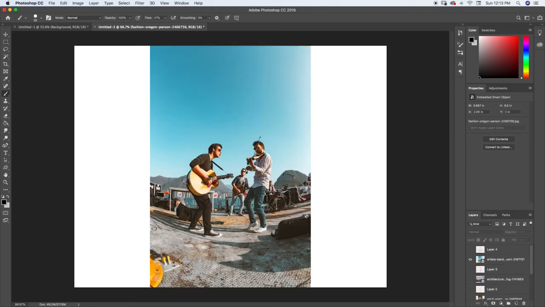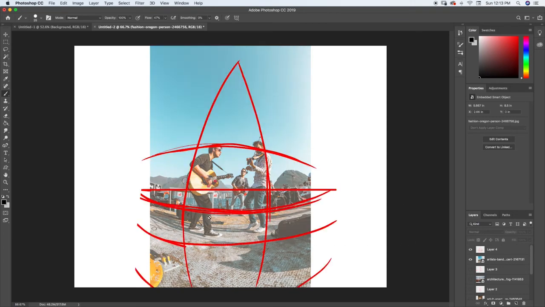Another thing we can do with perspective is warp it. This photograph, you'll notice, is actually kind of warped. It was taken with a fisheye lens, and so all of our straight horizon lines, our perspective lines, are actually curved. If I turn on my perspective lines, you'll see that I have one straight line here, but everything below that line is curved down in this direction, and anything above this line is curved like this.